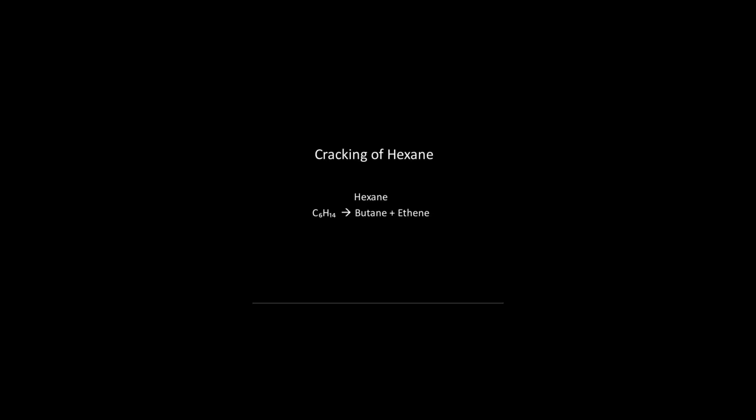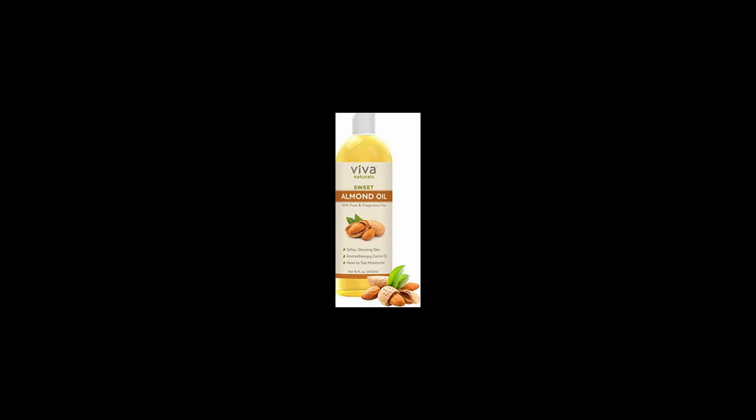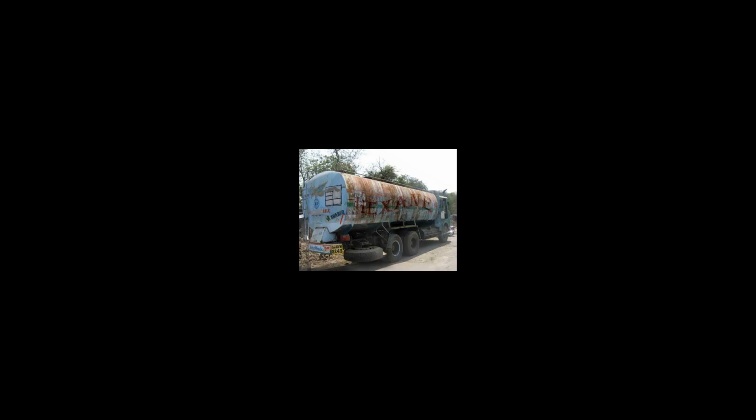The National Institute for Occupational Safety and Health, NIOSH, has set a recommended exposure limit, REL, for hexane isomers, not n-hexane, of 100 ppm, 350 mg per cubic meter, over an 8-hour workday.